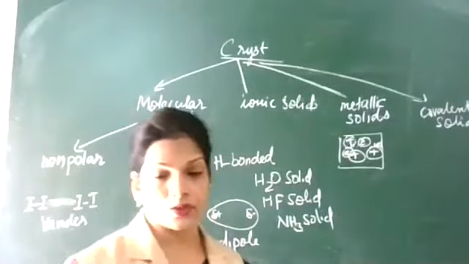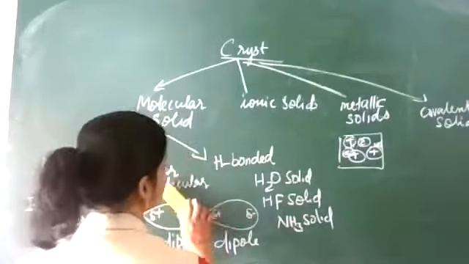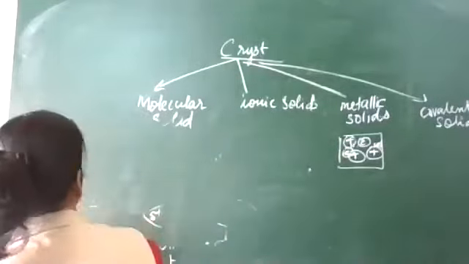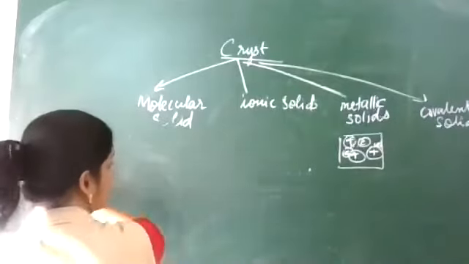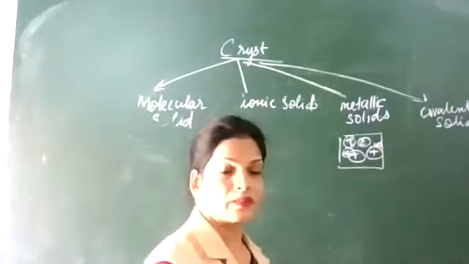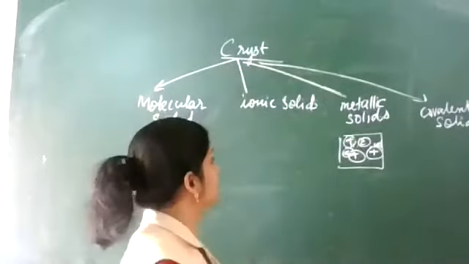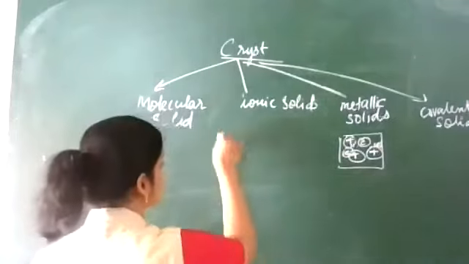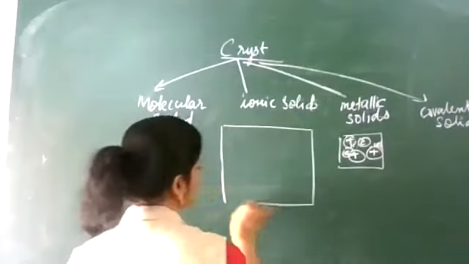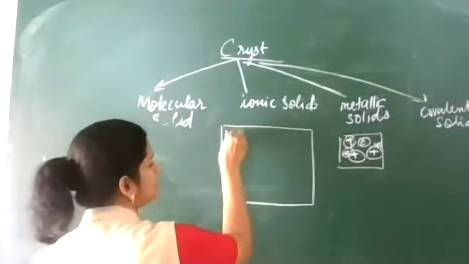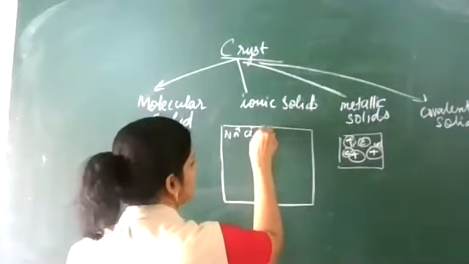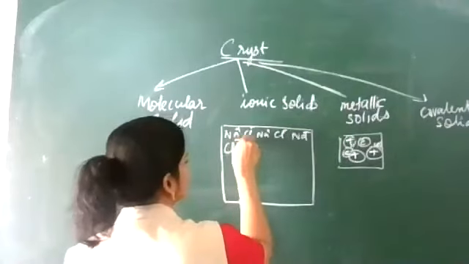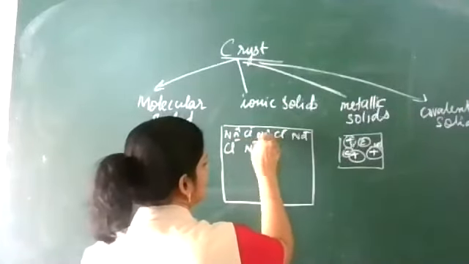What about ionic solids? Ionic solids, sodium chloride, NaCl. In the case of sodium chloride, there are so many Na plus, Cl minus, Na plus, Cl minus.